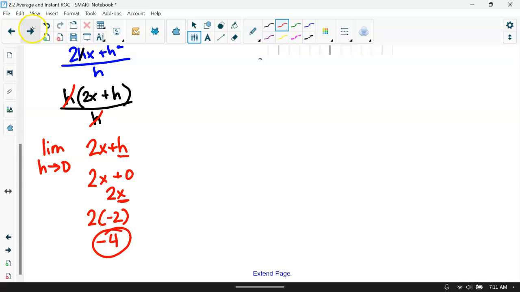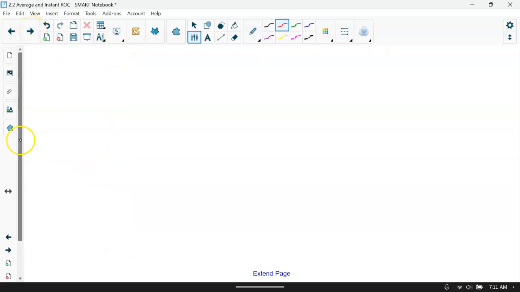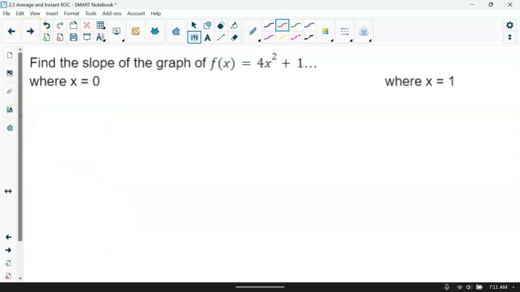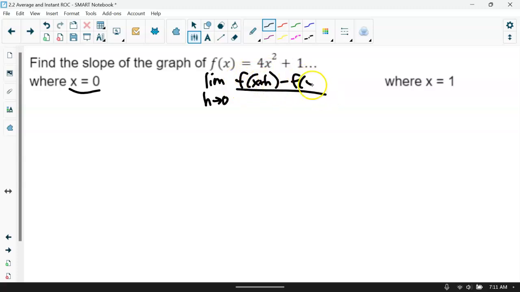So here, let me show and do another one. Let's find the slope of the graph, instantaneous, of 4x squared plus 1, where x is 0. So keep in mind where x is 0. Again, we're focusing on the limit as h approaches 0 of f of x plus h minus f of x over h.